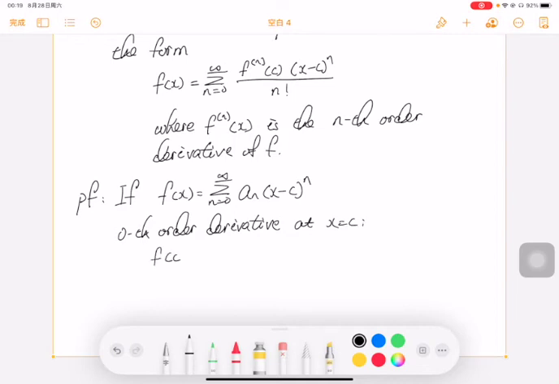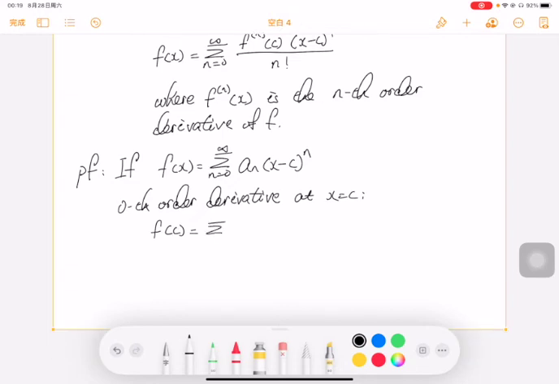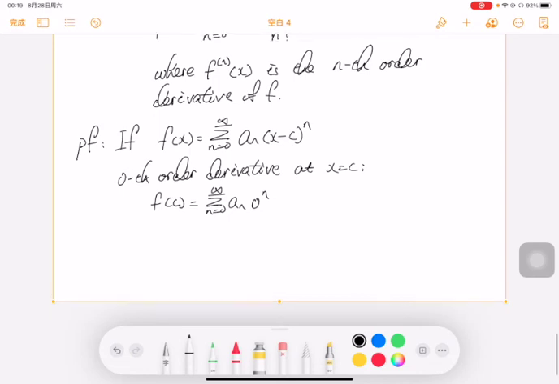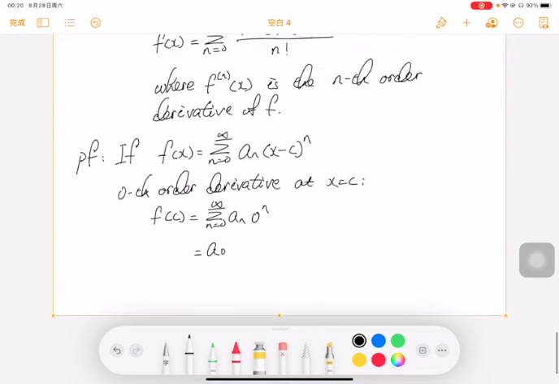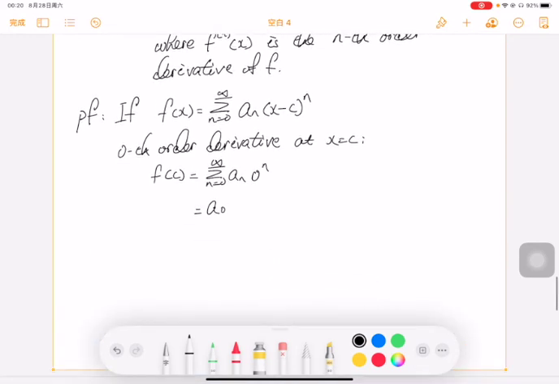So f of c equals the sum n from 0 to infinity of a_n times 0 to the n. Now 0 to the nth is 0 if and only if n is not 0. When n is 0, 0 to the 0th power is actually 1. So this is just a0. We've proved that a0 equals f of c, and then the first order derivative.